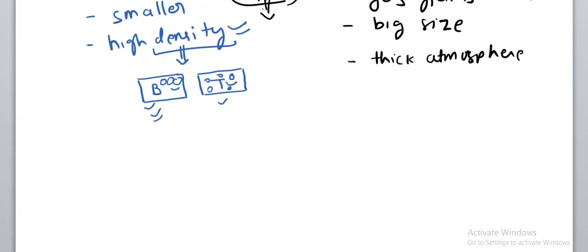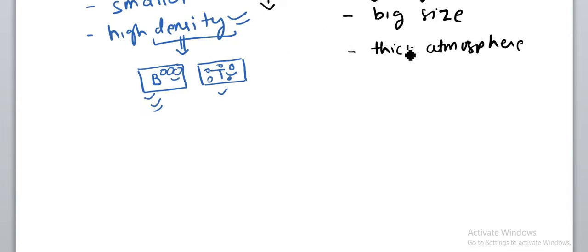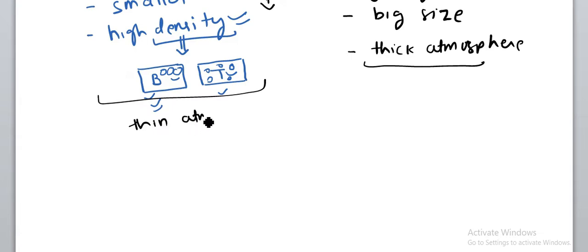Now one question arises here: why do these outer planets have a thick atmosphere, while the inner planets have a thin atmosphere? What is the reason behind this?